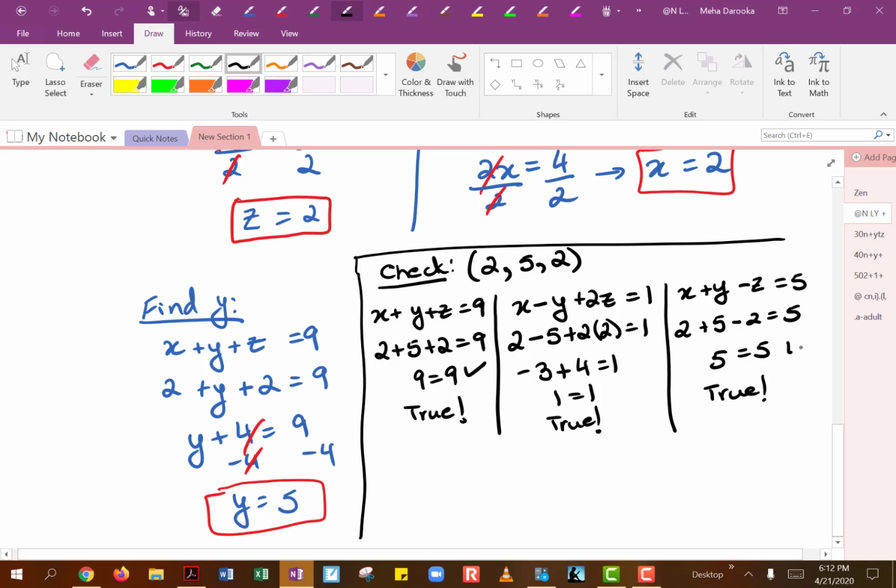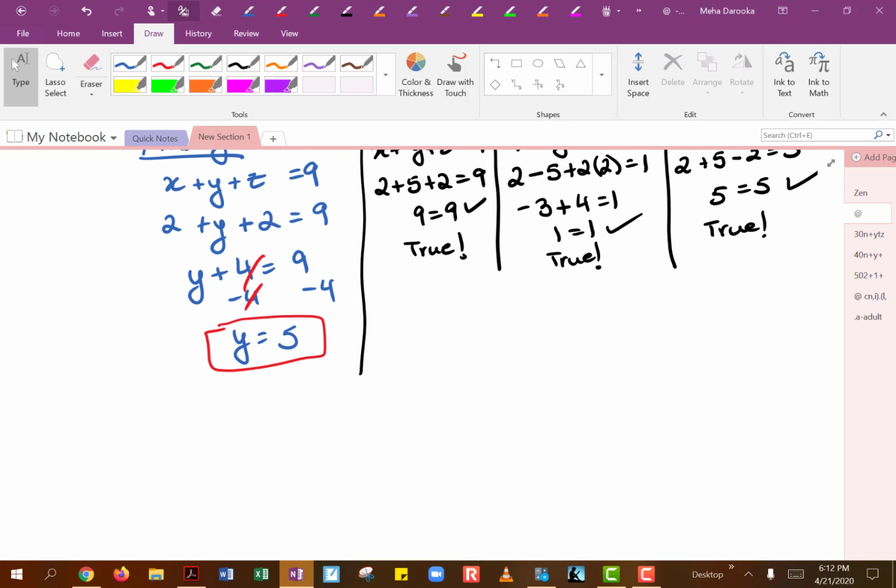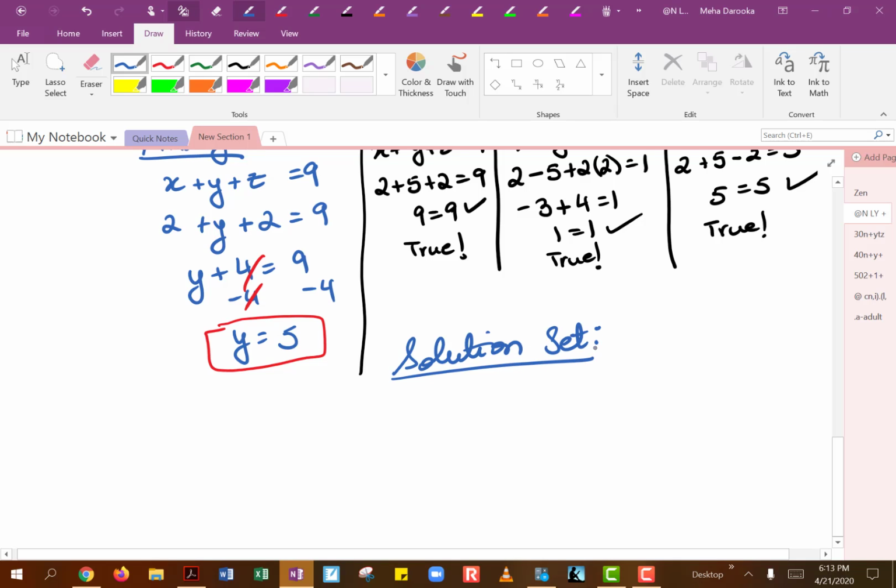So another true statement. Since it's checking out to be true for all of them, we can say that our solution set for this system of equations in three variables is going to be the ordered triple (2, 5, 2), and that's going to be our answer for this one.